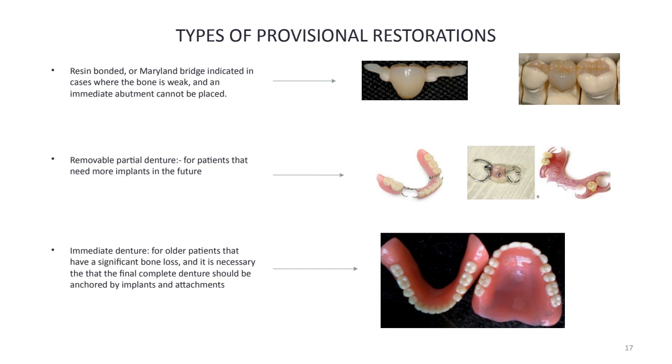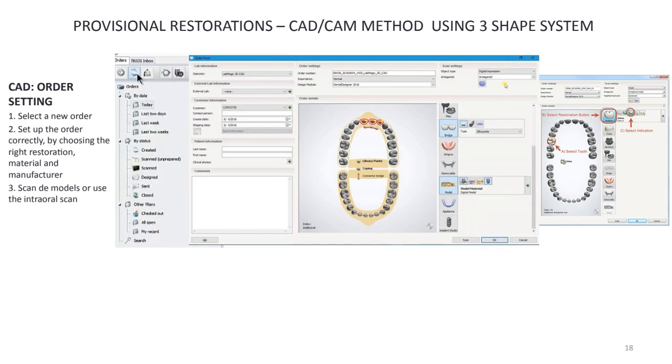Okay. Another method of fabricating provisional restoration is using the CAD/CAM software. And here I'm explaining how to use the 3Shape system. So first of all, we have to set up an order.